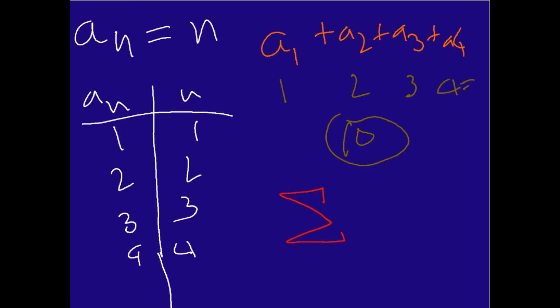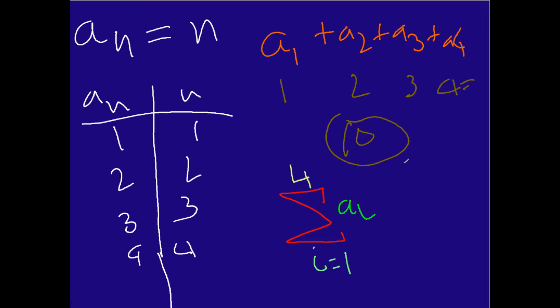And then below the sigma sign here, we have the letter I. Normally it's an I, and often it'll equal 1, but not necessarily. I will explain what that means in a second. Above the summation, you have the number 4 here. Now, again, I'll tell you why in a second. Just be patient. And then off to the right, you have whatever is going on here. So this is what's happening.